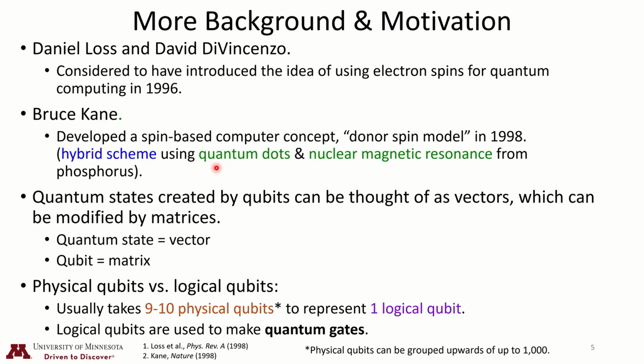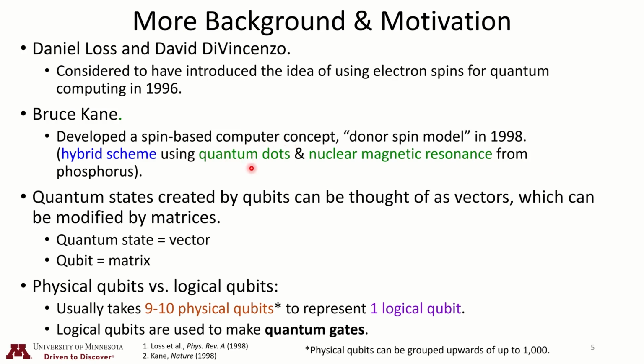So that is more or less the same idea being used here. You create a donor spin model, a 3D model of what's supposed to be a quantum dot, and sort of the readout methods and the physical ways of trying to stimulate that physical object.